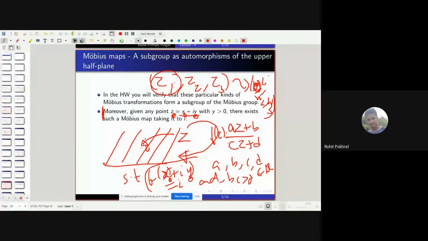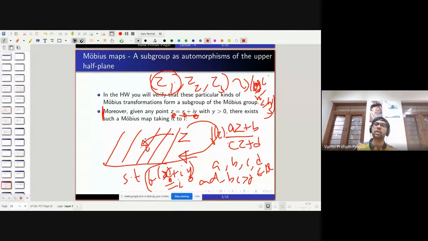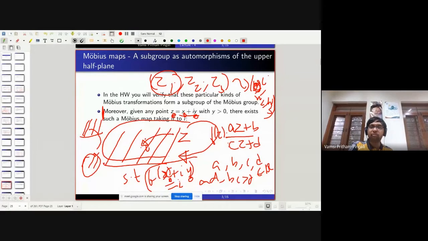a, b, c, d are real. That is the point, exactly. Because a Mobius map of this type need not take the upper half plane to itself. For example, a general Mobius map can take the upper half plane to the unit disk. What we want is to take the upper half plane to itself and we want z naught to go to i.